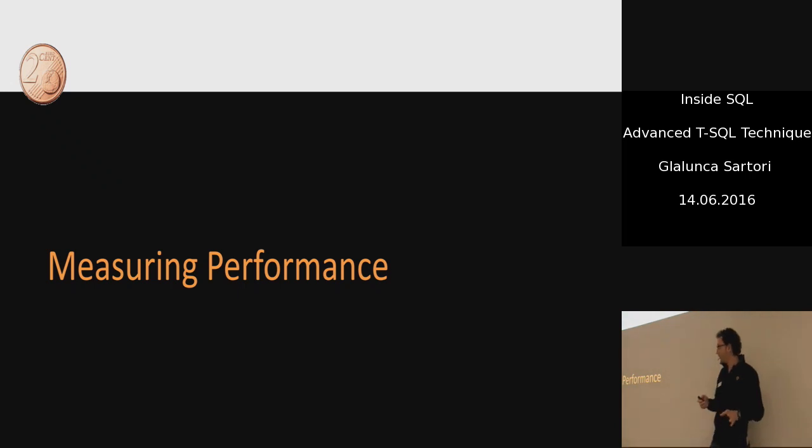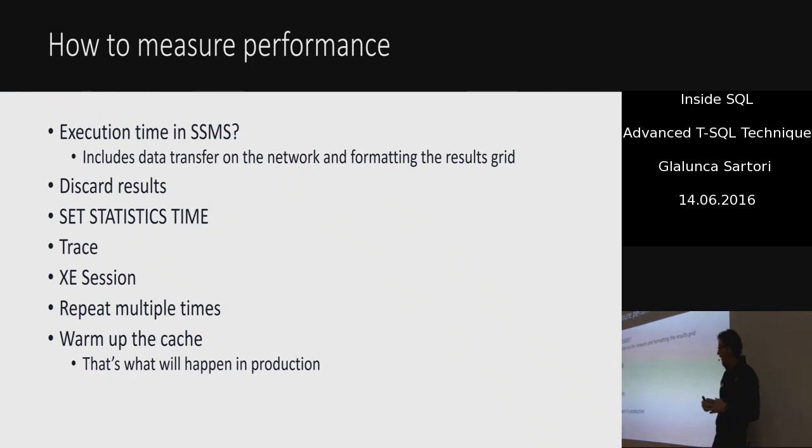Okay, regarding performance, one of the things we have to do is make sure that we are measuring things in the correct way. So we have seen 10 ways to extract 10 numbers from the database. Which one performs best? We don't know, because we would have to measure that.